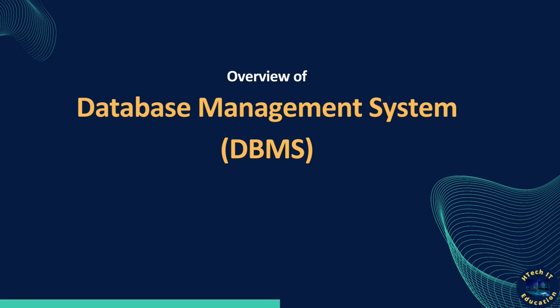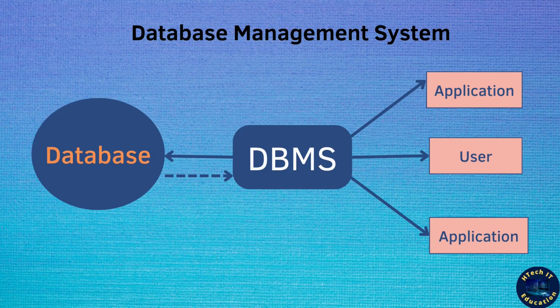We will look into DBMS, or it is also called Database Management System. Now let's see what is that DBMS. Database is usually controlled by a software program. You can say a database typically requires a comprehensive database software program known as Database Management System.